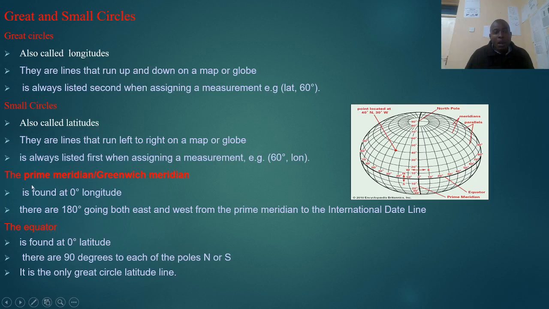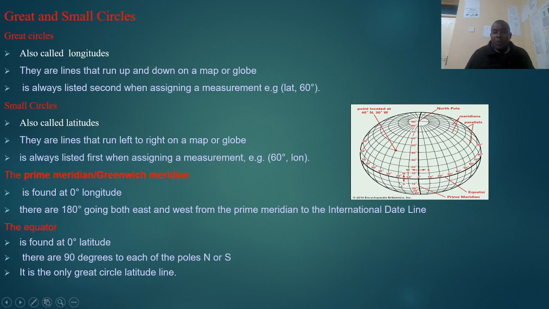Now, when we talk about a prime meridian, it's also called a Greenwich Meridian. Greenwich Meridian or prime meridian is found at 0 degrees longitude. So the longitude at the center of the globe is what we call the Greenwich Meridian or the prime meridian.